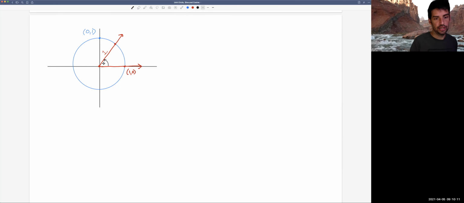These are things we see all the time, but we might forget exactly what they mean. x is just this horizontal distance. y is just this vertical distance. That's what coordinates tell us: our distance from the origin horizontally and vertically.